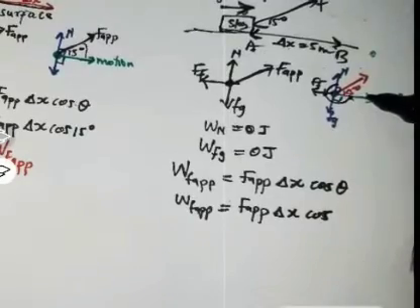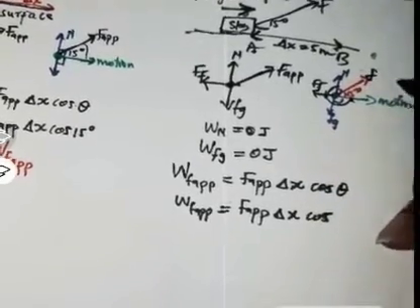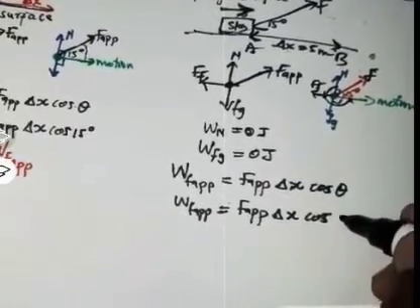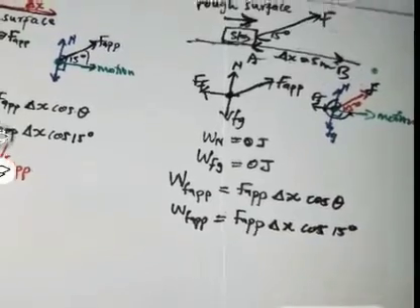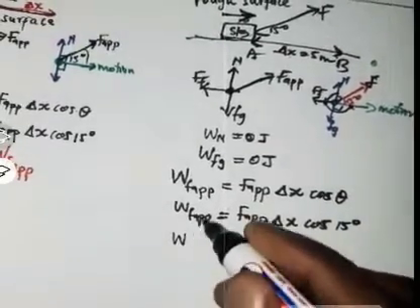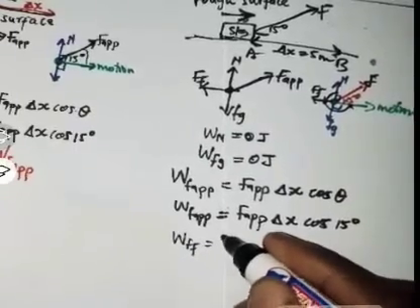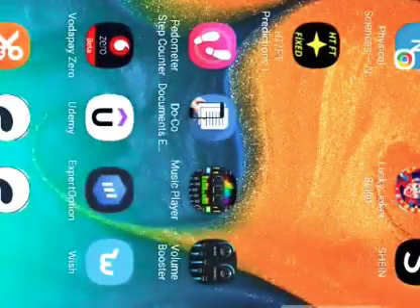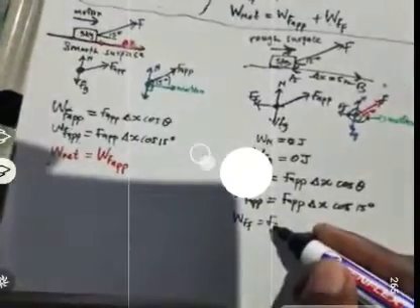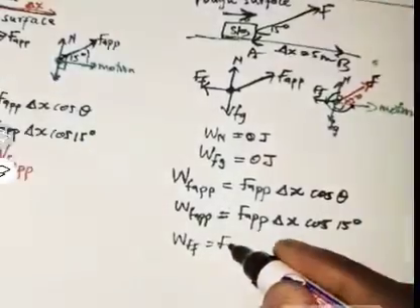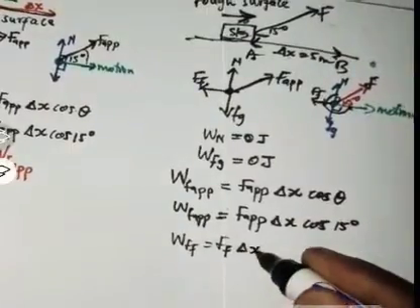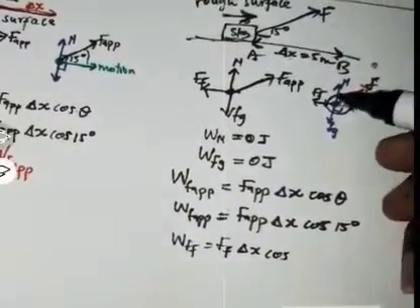It is 15 degrees. Now the work done by frictional force equals the frictional force moving for delta x, the cos, and the angle between frictional force and the motion is 180 degrees.